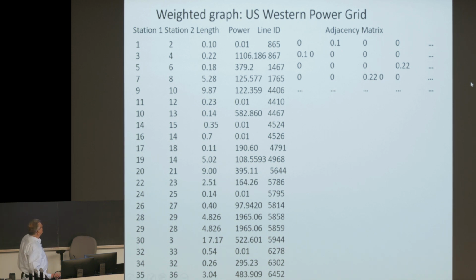The original data is usually not presented as an adjacency matrix, because an adjacency matrix takes a lot of space. Imagine that if you have a million nodes, then you have a million squared, which is a trillion elements of the adjacency matrix, which is beyond the capability of any computer.